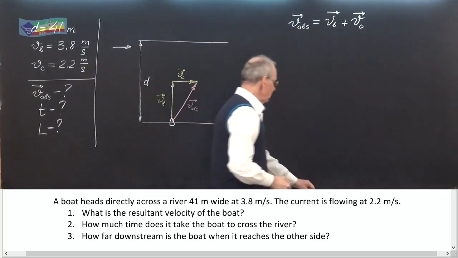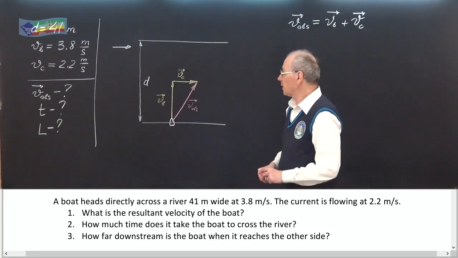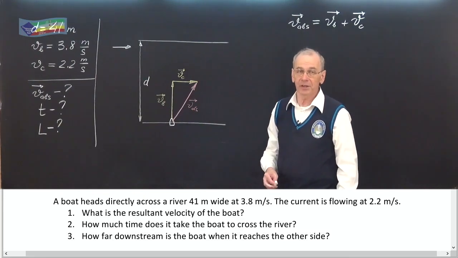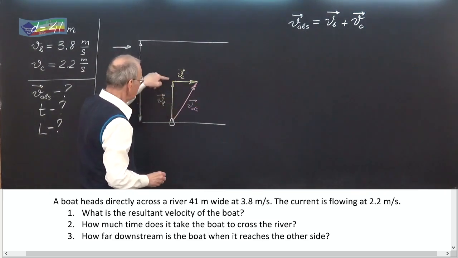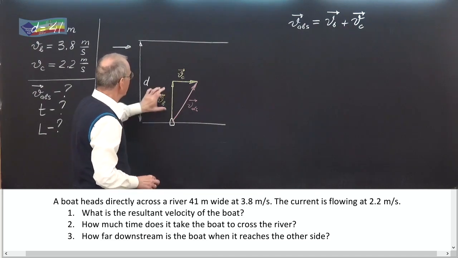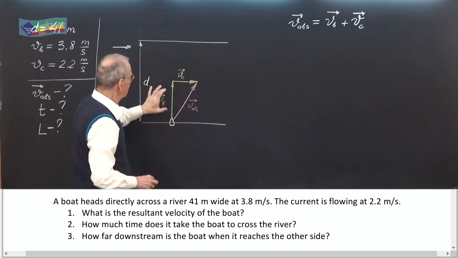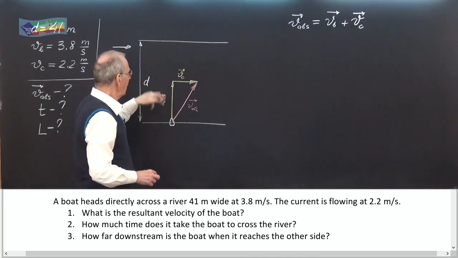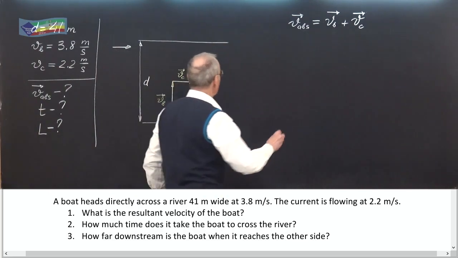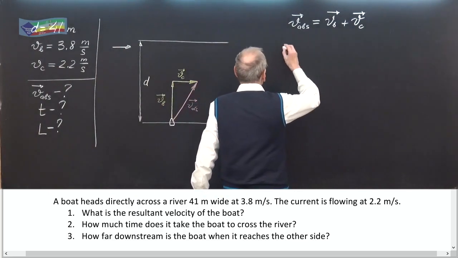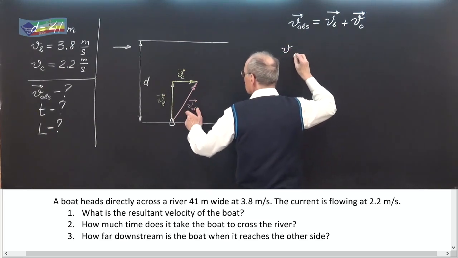We can find the magnitude of absolute velocity using the Pythagorean theorem. In this right triangle, VB and VC, speed of current and speed of boat, are legs of the right triangle, so the hypotenuse can be found using the Pythagorean theorem.